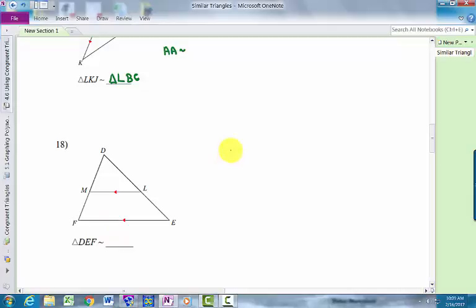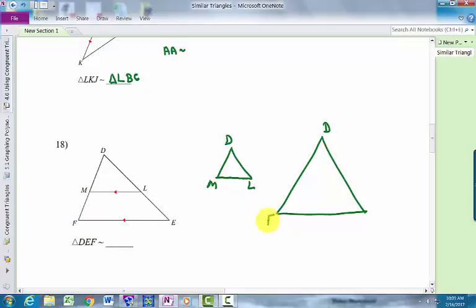I'm just going to redraw these triangles off to the side here. I've got a D up there, an M here, and an L. And then the large triangle that it fits inside of is going to be a D, an F, and then you've got E over on the right. So I've redrawn them, small triangle, big triangle.